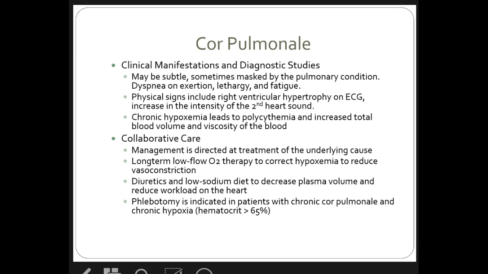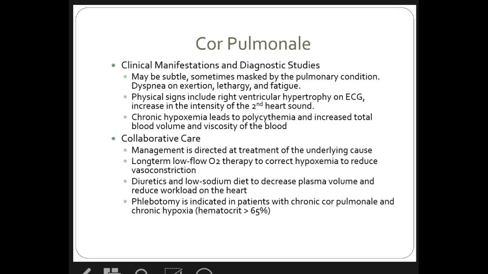The chronic hypoxemia leads to polycythemia, an increased total blood volume, and increased viscosity of the blood. These patients with cor pulmonale a lot of times will have to have, excuse me, not plasmapheresis, they will actually have to have blood draws to remove blood to assist with the viscosity and the total volume.